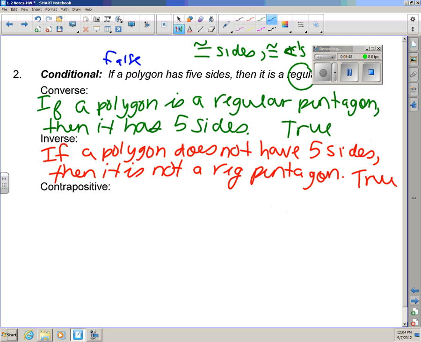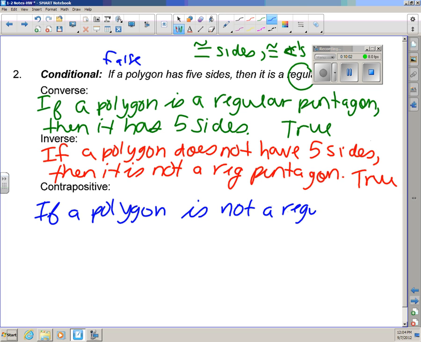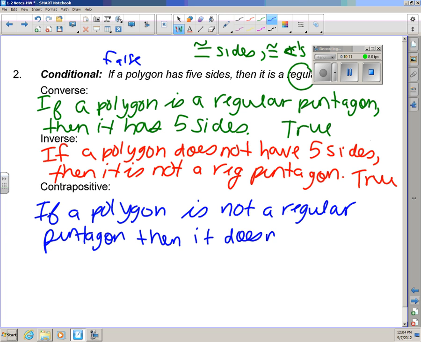And then we get to our contrapositive. The contrapositive says if the polygon is not a regular pentagon, then it does not have 5 sides.